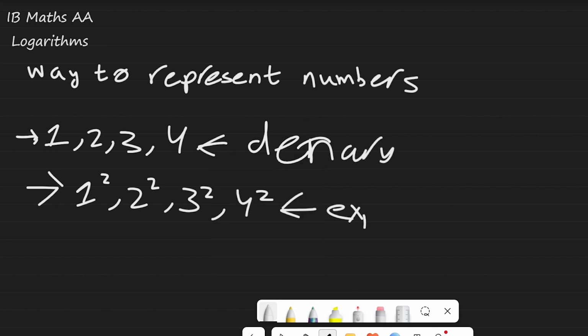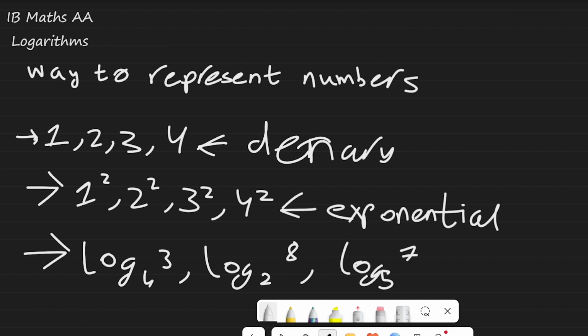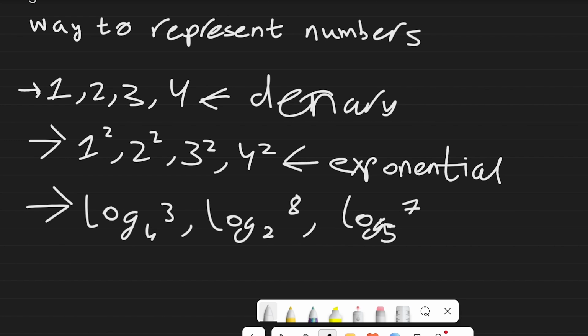Similarly, there is the log form that could be represented as log of 3 to the base 4, log of 8 to the base 2, log of 7 to the base 5. Okay, it is read in that way, and by the way, this is not in order. So these are all ways of representing numbers.